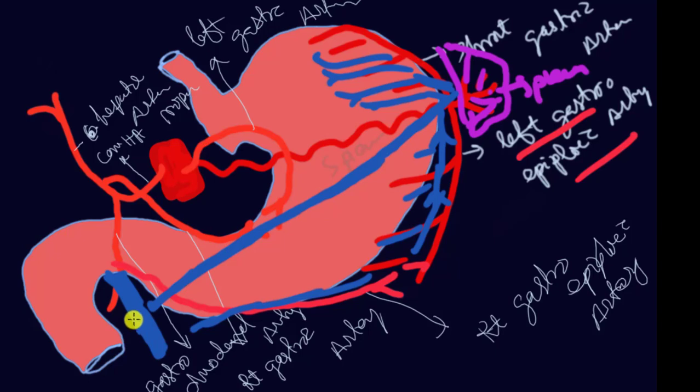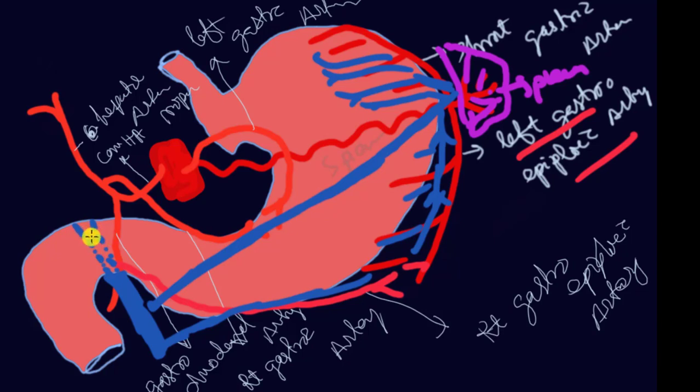So the right gastroepiploic vein drains to the superior mesenteric vein. The superior mesenteric vein goes behind the duodenum. I will draw it at the front to make you understand, but it is posterior to the duodenum.